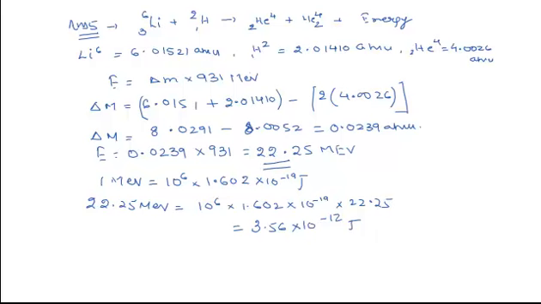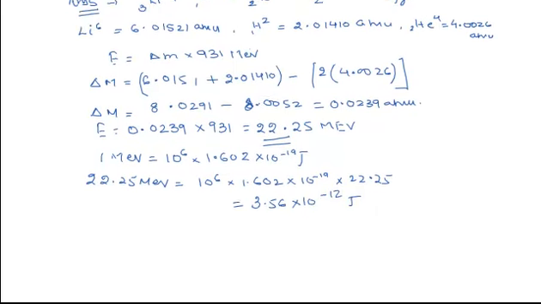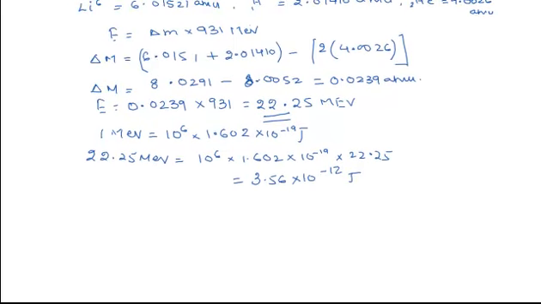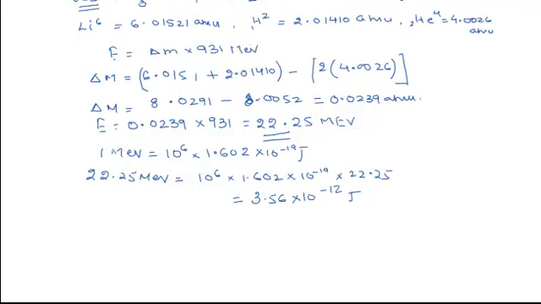Right? Now we have got our energy in joules, that is produced per atom. Now what do we require? What we require now is the energy produced per mole. Why do we want to find that? This is for per atom we are finding.